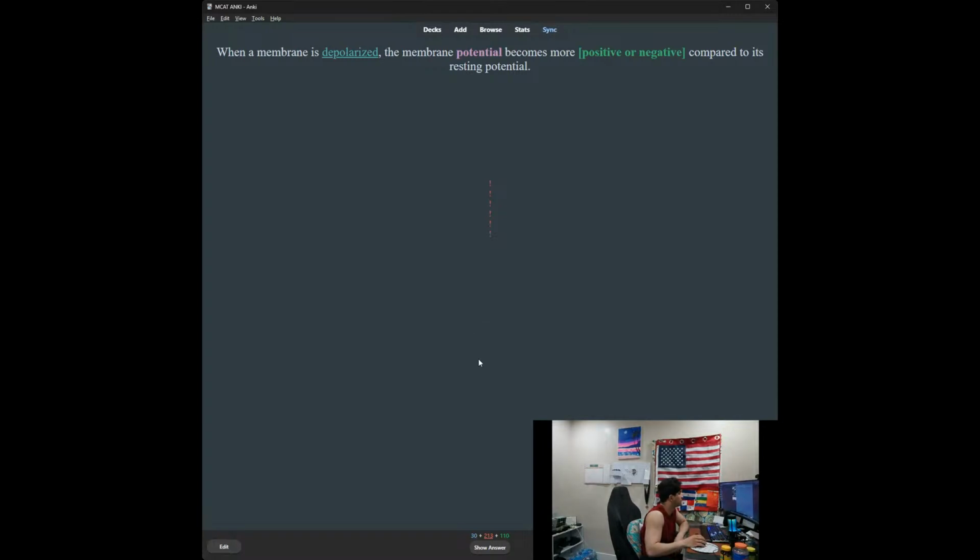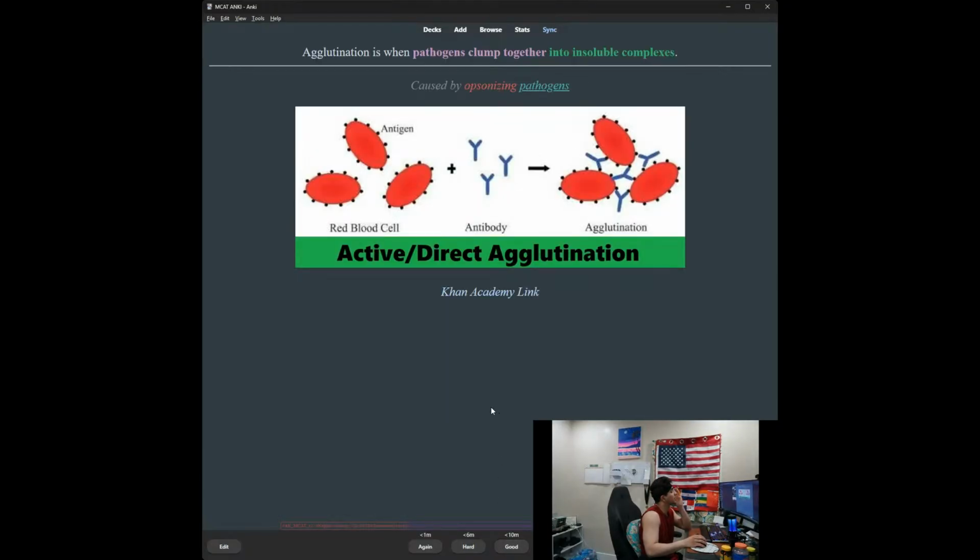More positive. Pathogens clump together into insoluble complexes.